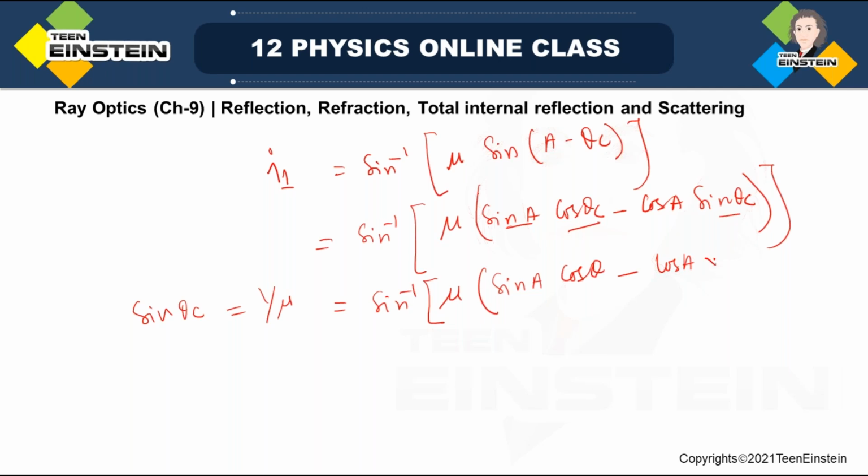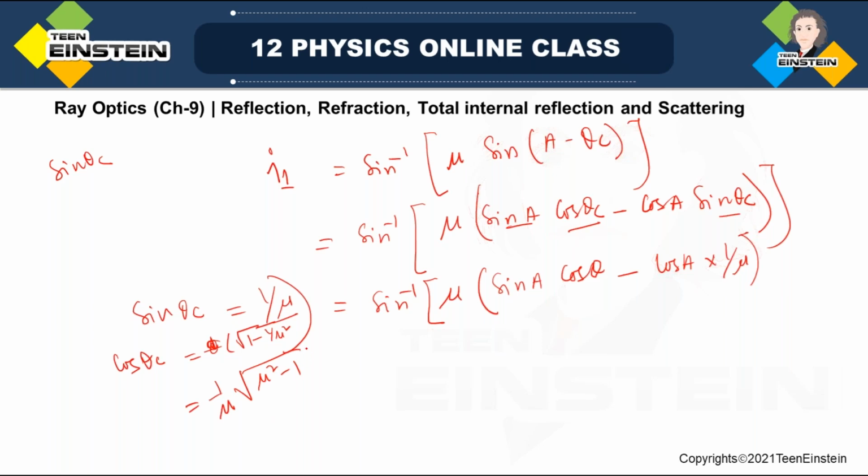This sine theta c we will write as 1 over mu. Now cos theta c will be square root of 1 minus 1 over mu squared. If we write this, then we get 1 over mu, and inside the root it is mu squared minus 1.